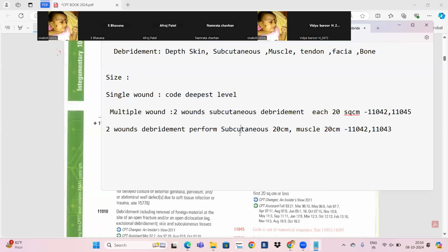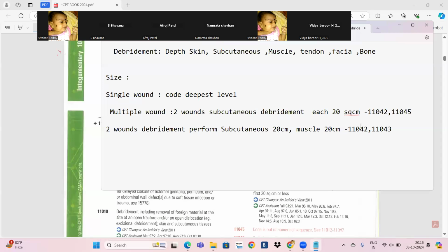One wound was debrided up to subcutaneous level, another wound debrided up to muscle level. Are both wounds the same depth or a different level here? Different. When multiple wounds are documented with different depth, individually you need to code. Then you add modifier.